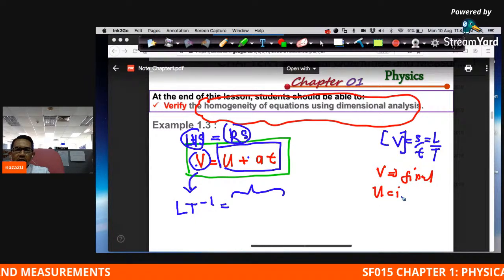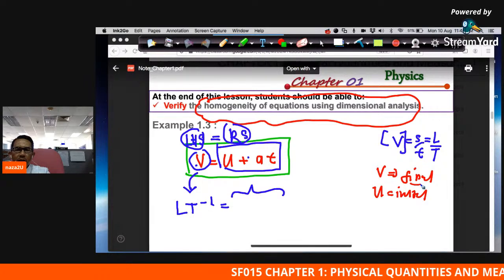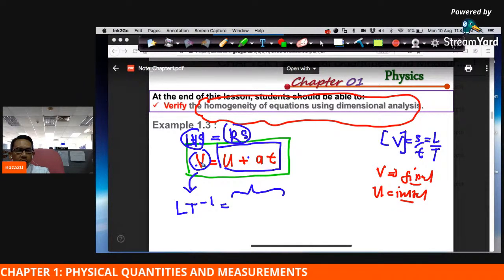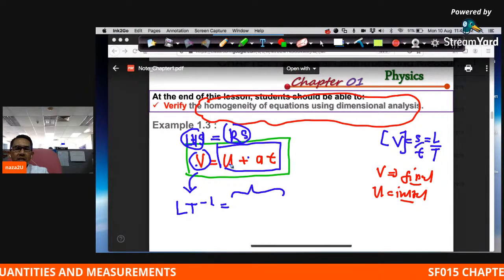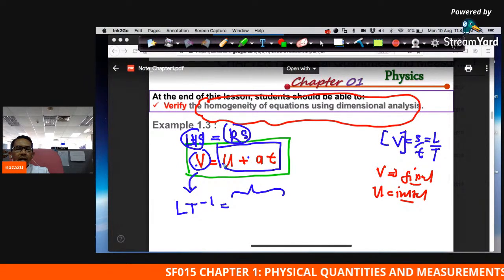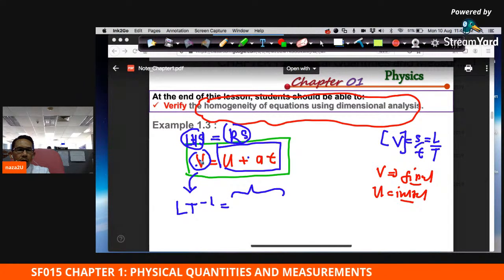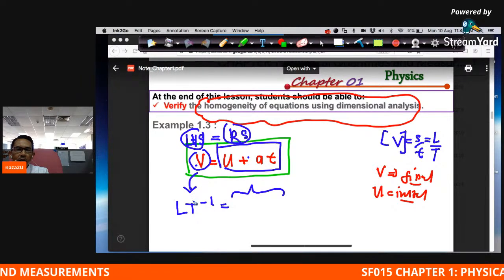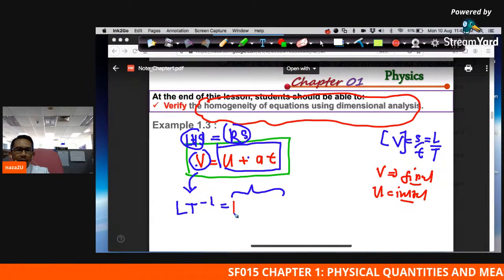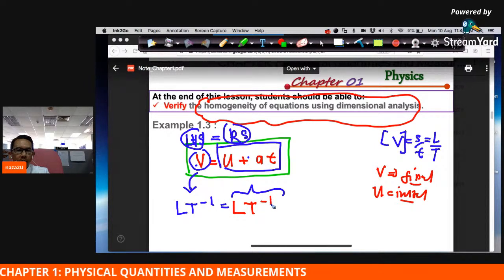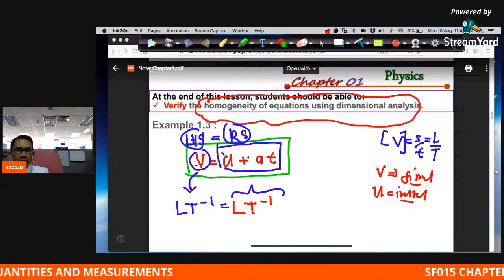U is a initial velocity. Halaju akhir, halaju awal. Meaning the unit for the final velocity and initial velocity is the same, ataupun dia punya unit dia adalah sama dalam velocity is unit meter per second, or dimension is the same, LT minus 1. This is dimension for the U.